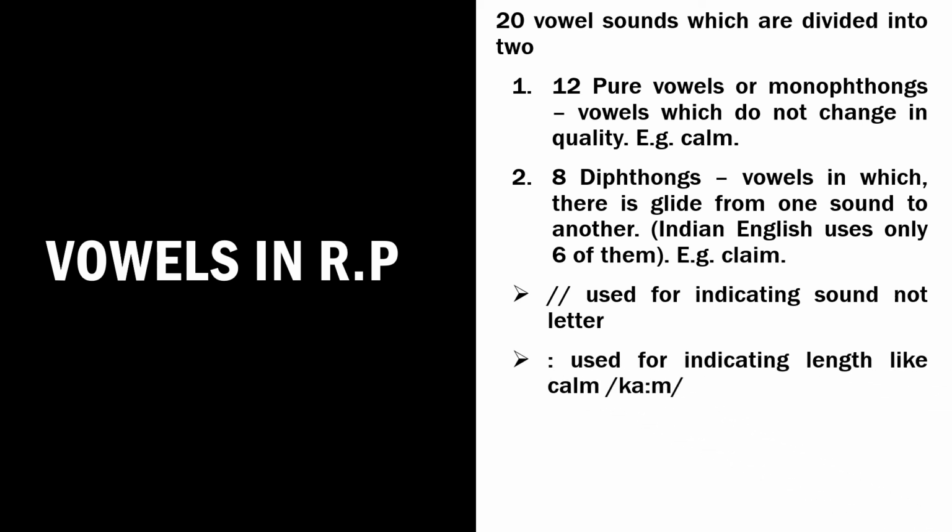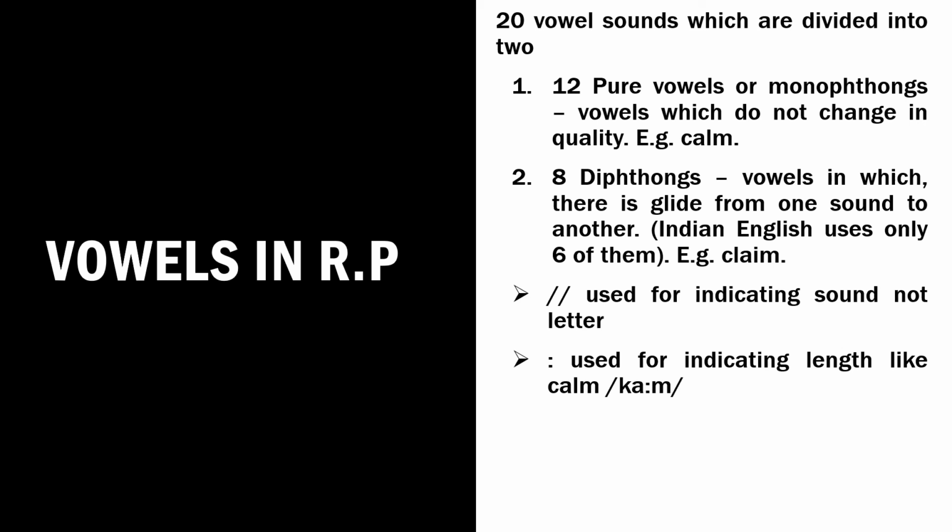Another one is a colon, which is used as a symbol for length, like a mud in the Arabic language. If you put that colon after a sound, mostly after a vowel sound, it means we have to prolong the pronunciation of that letter.